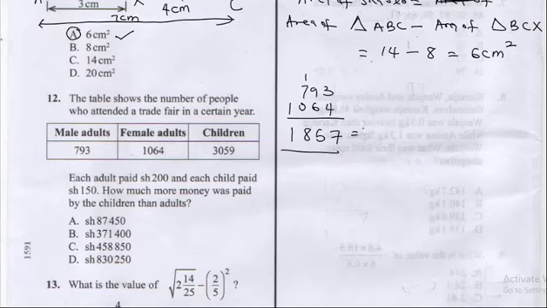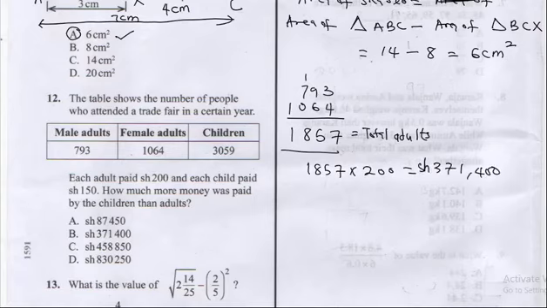Now this is equal to total adults. Recall that the adults paid 200. So it will be 1857 times 200. If you multiply this, it's going to give you 371,400. So adults paid a total of this.